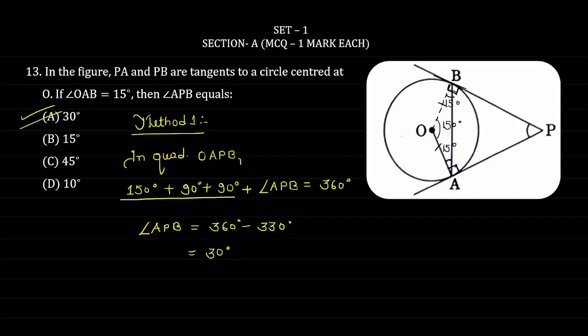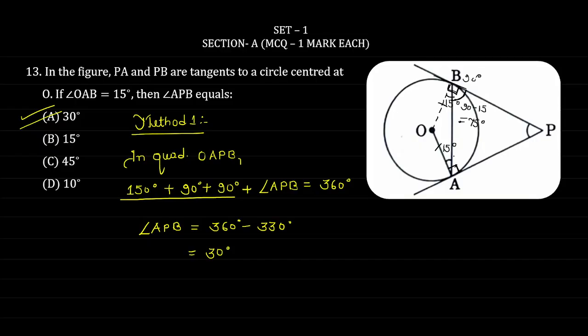Now, there is one more way, in which we don't have to find this 150 degrees. These angles are 15 degrees and this complete angle is 90 degrees. That means this angle from here to here, we can find as 90 minus 15 degrees, which is nothing but 75 degrees, correct?